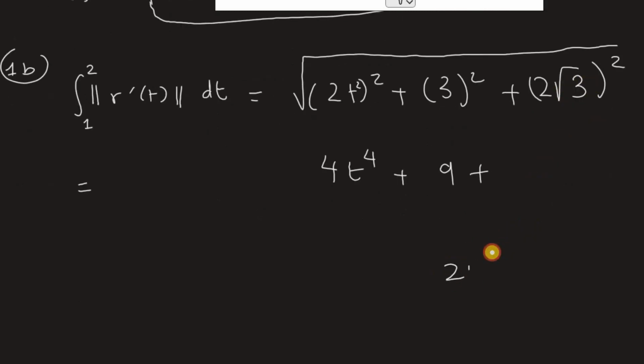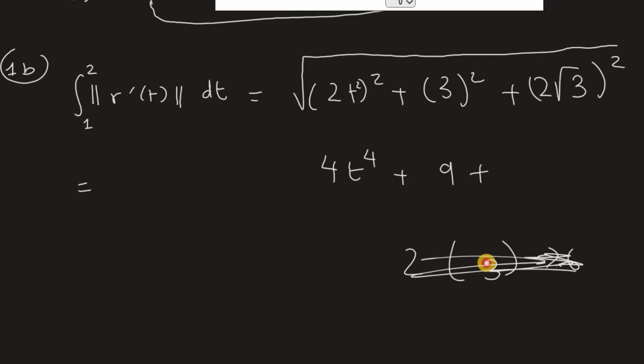For this, just remember that when you're taking the square root of a square, the square root and the square cancel out each other, and you have a 2 in front. So you don't have the square root and square anymore, and you only have 2 times 3, which is equal to 6.